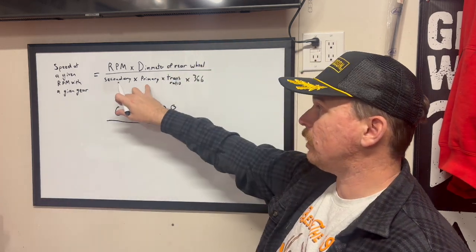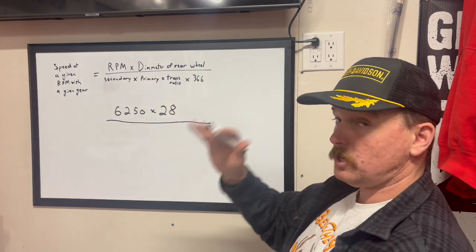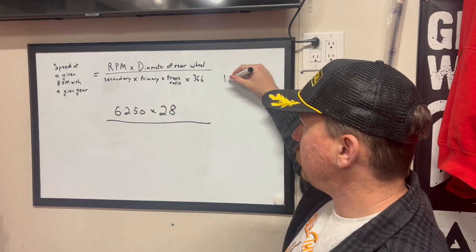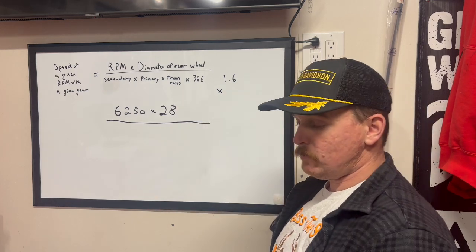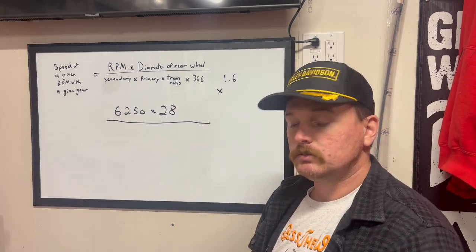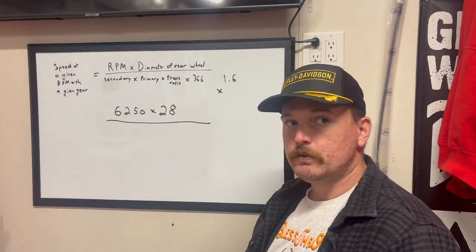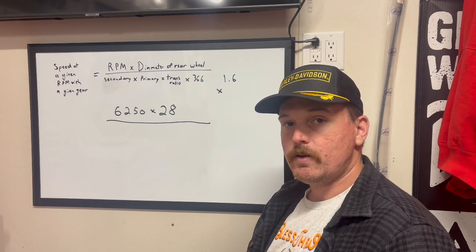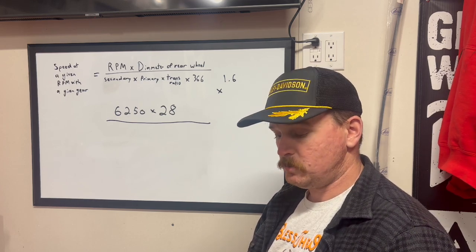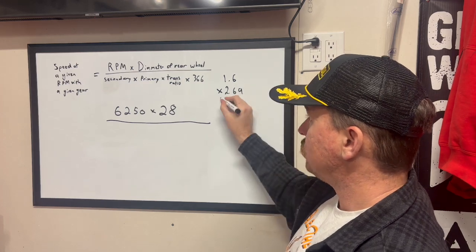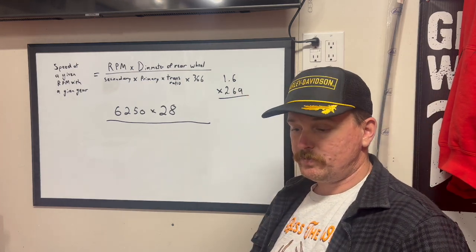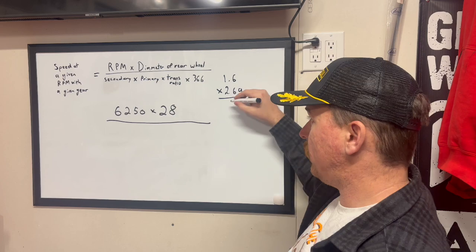The primary in all Sportsters, if unchanged, is 1.6. The trans ratio I'm going to be using is first gear. First gear for a stock '95 and up Sportster with an unchanged transmission is 2.69. We multiply those two together and it gets us 4.3 on the dot.